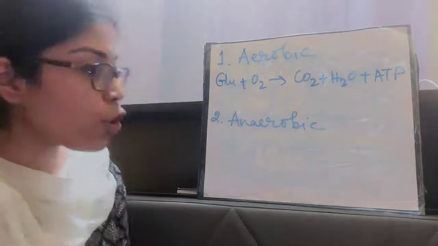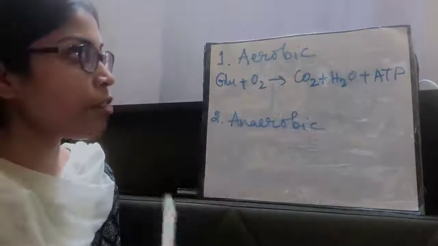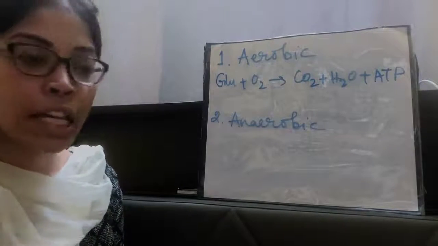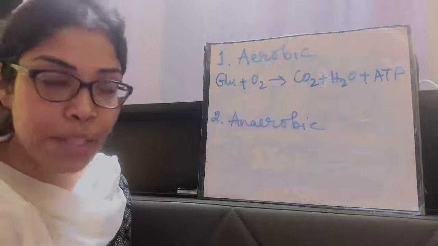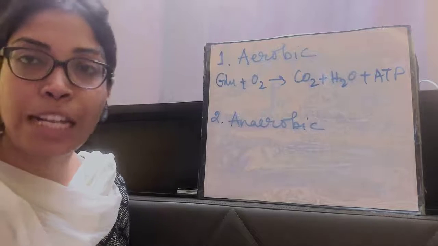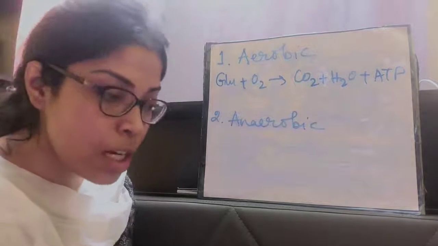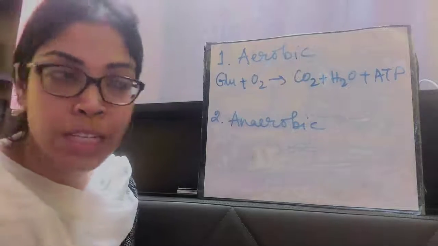Moving on to anaerobic respiration. This is just the opposite of aerobic respiration. Here free molecules of oxygen are absent. That means this type of respiration takes place in the absence of oxygen, and here glucose is not completely oxidized.